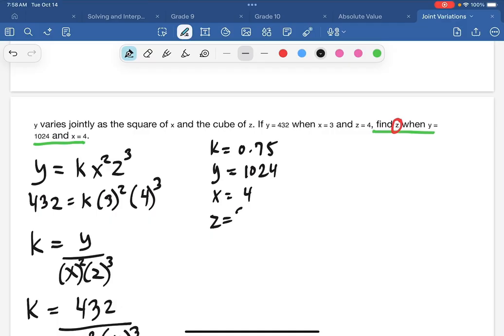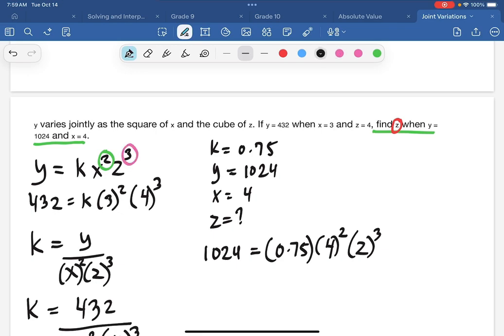This time z is missing. So if we write this down, we have 1024 equals the value of k, which is 0.75, times x, which is 4, and then squared, because we have here squared, and z cube.